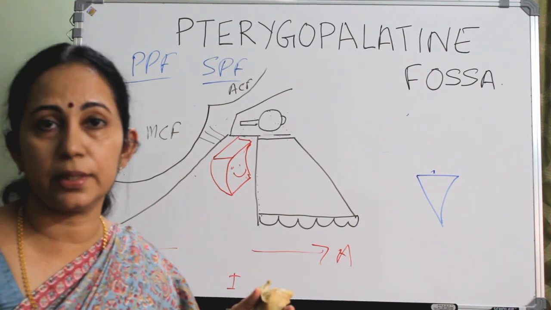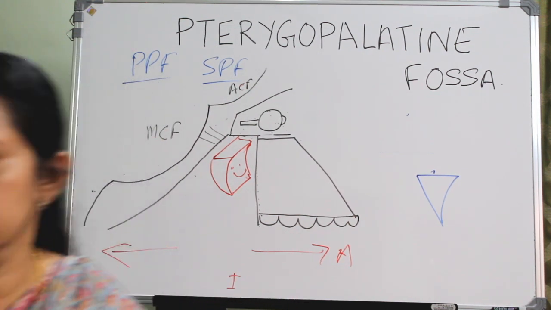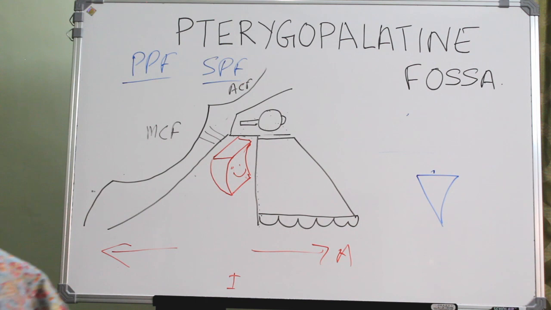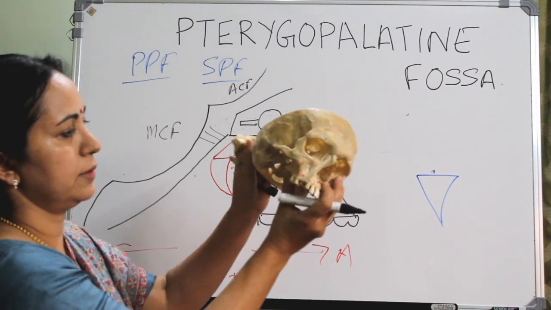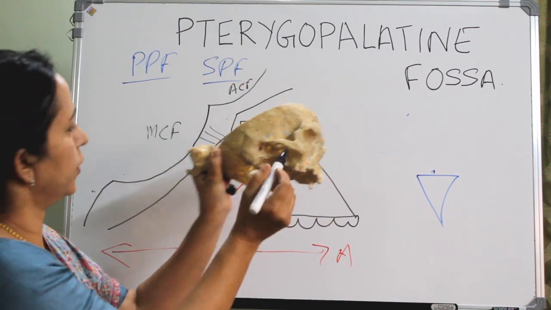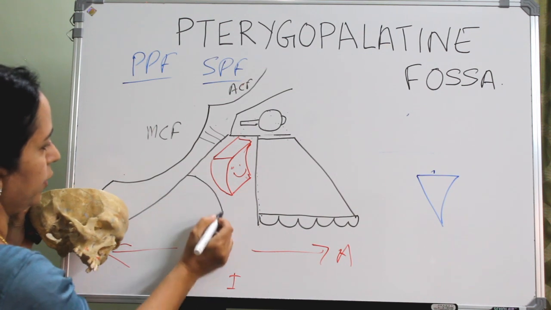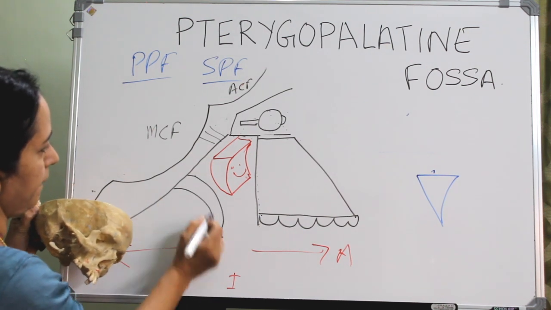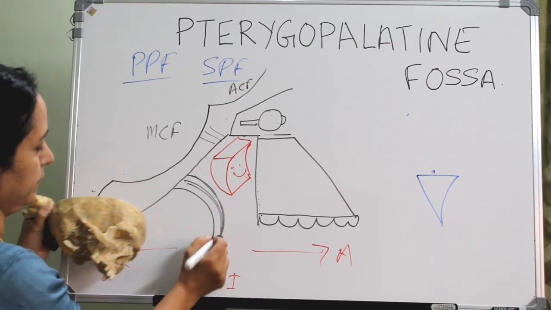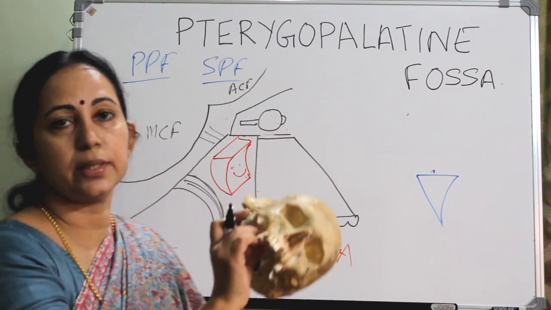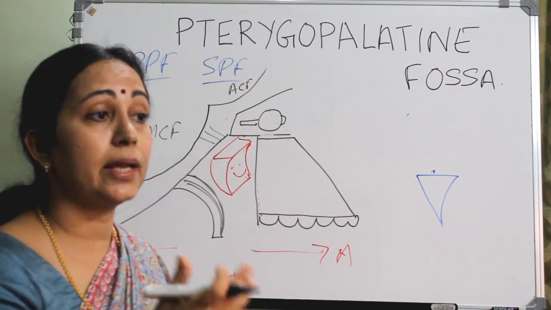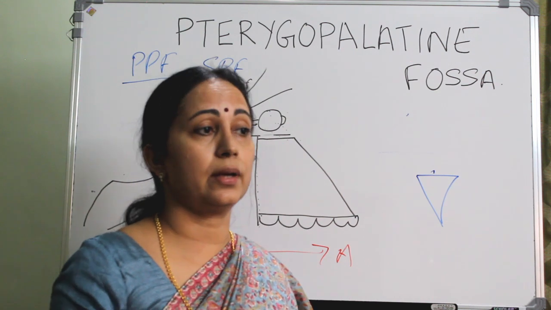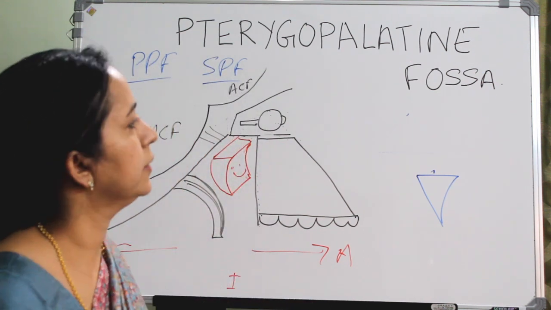And one more thing I will show you on the skull: here, see this, there is the pterygoid plate. So the pterygoid plates come here. Actually it's a part of the sphenoid. Again, I took a class on the anatomy of the sphenoid bone earlier.